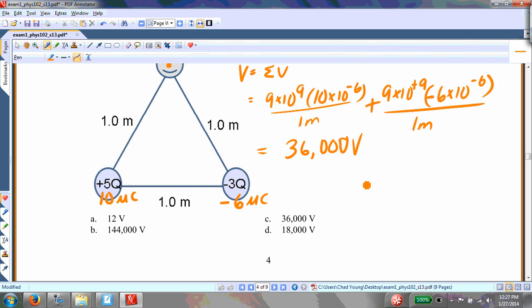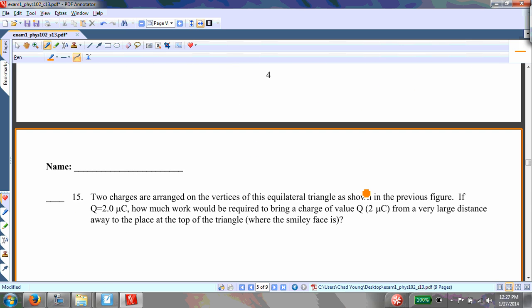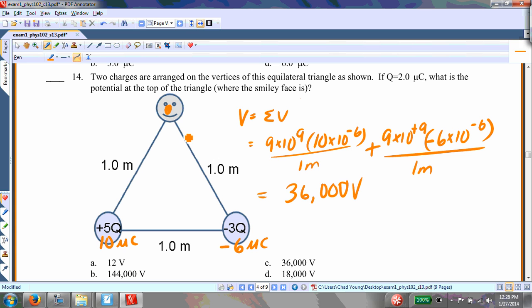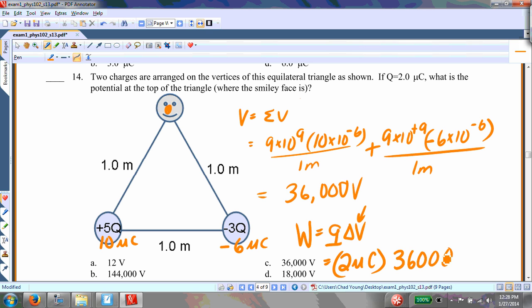Now, in this next question, it's asking us how much work is required to bring a charge of 2 microcoulombs and put it at the top here. My work is equal to Q times delta V. So my work then would equal 2 microcoulombs times the change in potential for that charge, and that change in potential is going to be 36,000 volts.